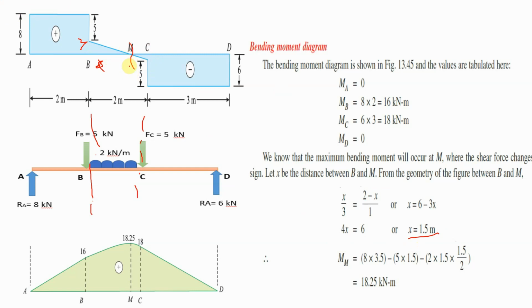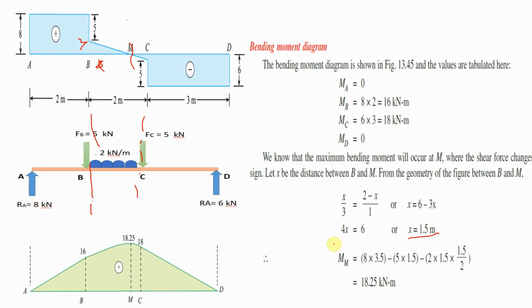Then to find the bending moment at this point, let us take a section at this point M from point A and consider the left hand side of the section. The bending moment of RA about point M will be a sagging bending moment, and the perpendicular distance will be 2 plus 1.5.